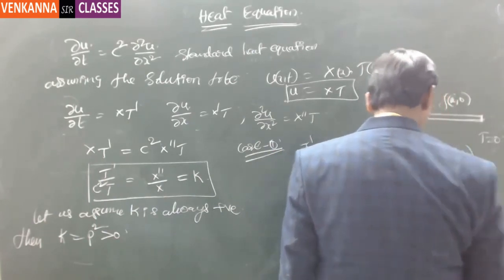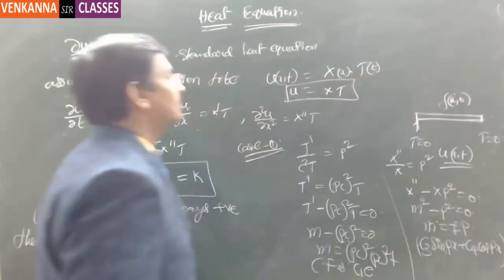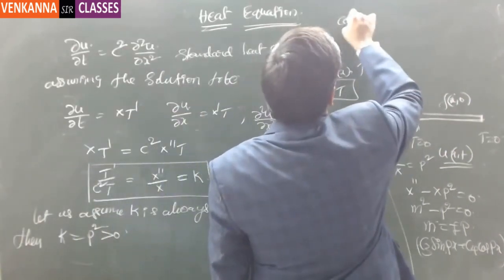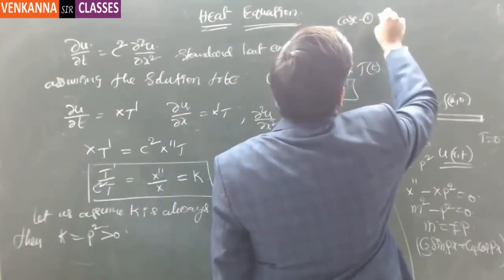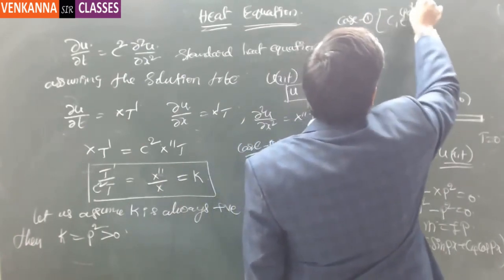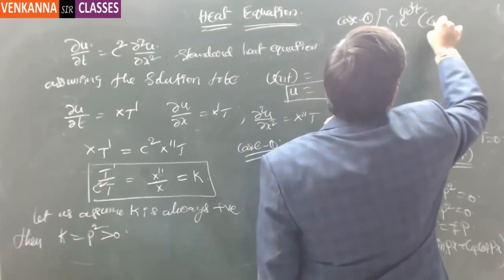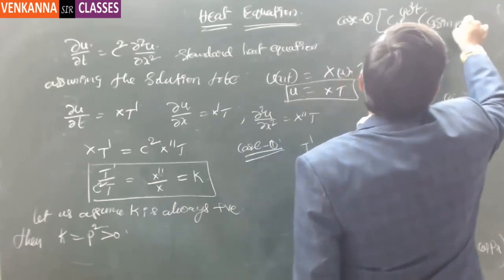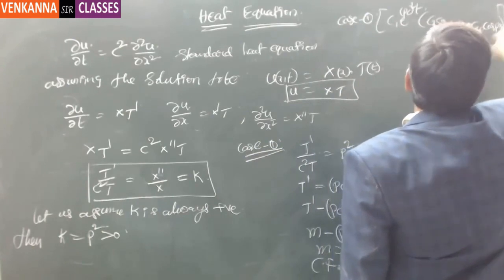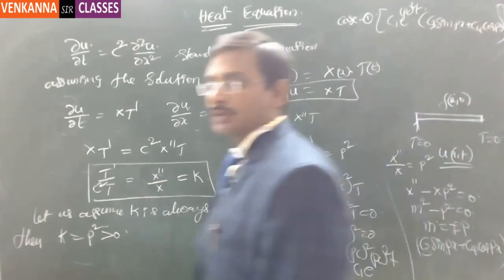So the final solution for case 1 is C1 e power p c whole square into t into C3 sin px plus C4 cos px. So this is the solution of the partial differential equation. Got it?